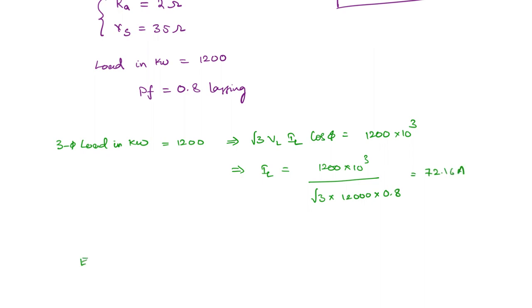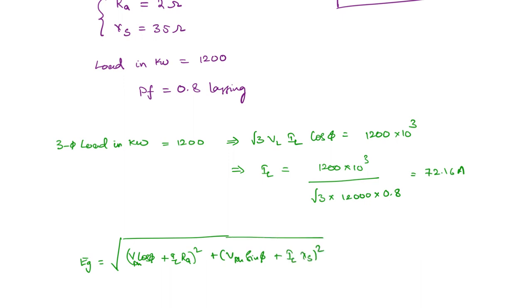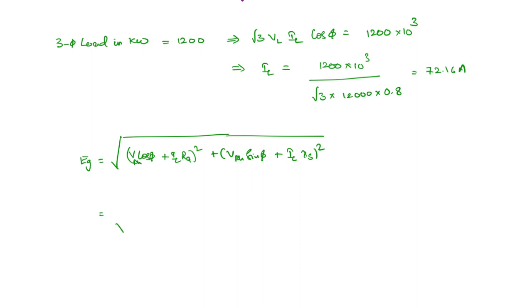So now you can find out EG. This is equal to root over (V cos phi plus IL RA) whole square plus (V phase sin phi plus IL XS) whole square. This is star connected, so whatever will be the line current will be the phase current as well. Okay. So you're going to substitute all of the values.